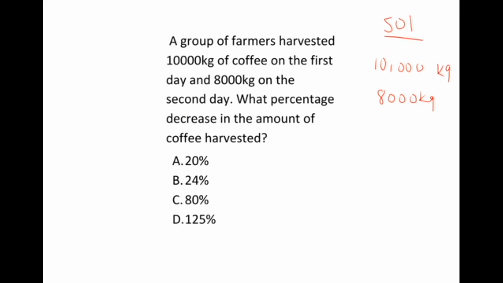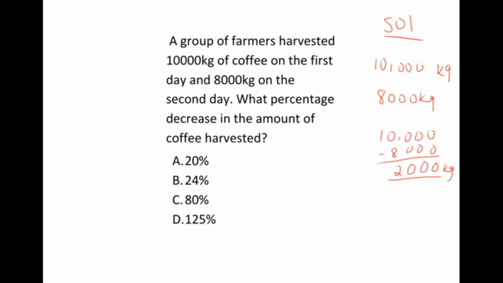First, let us get the decrease in the number of kilograms. We take 10,000 and subtract 8,000. We get 2,000. Therefore, the decrease is 2,000 kilograms.